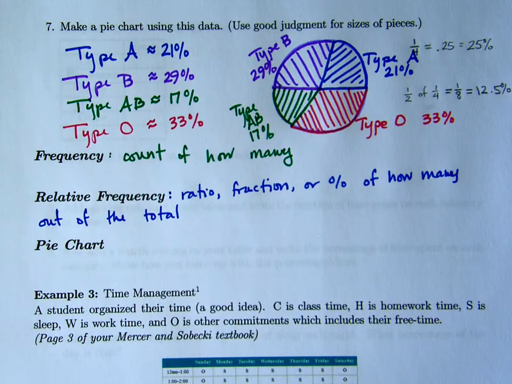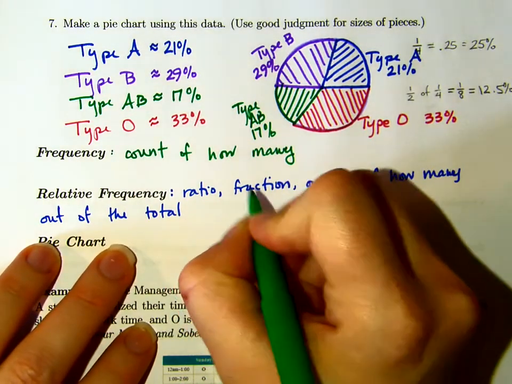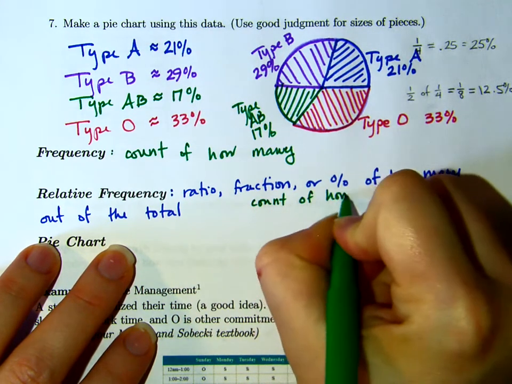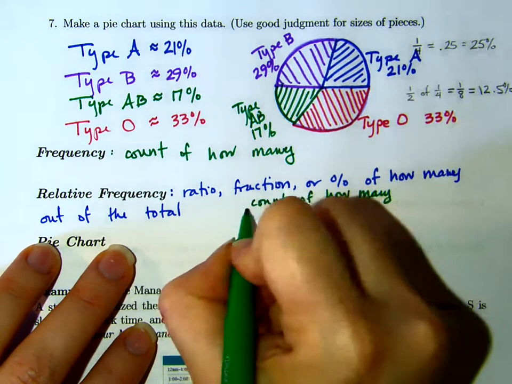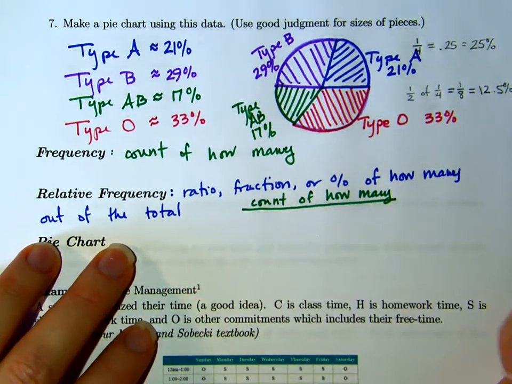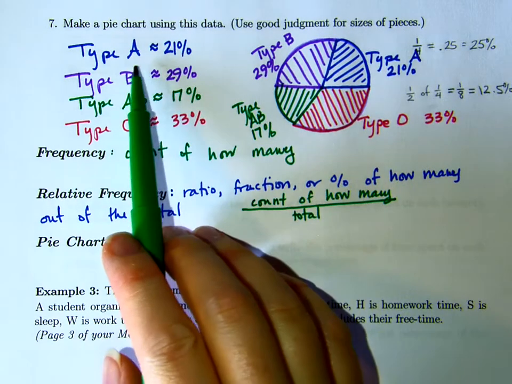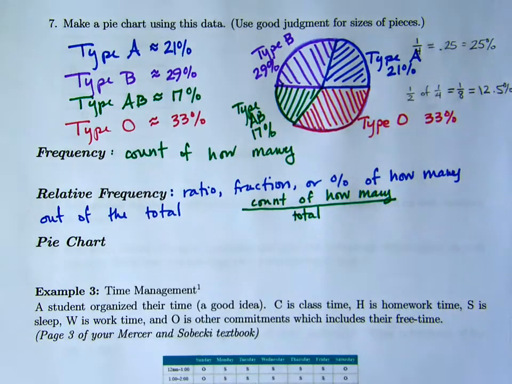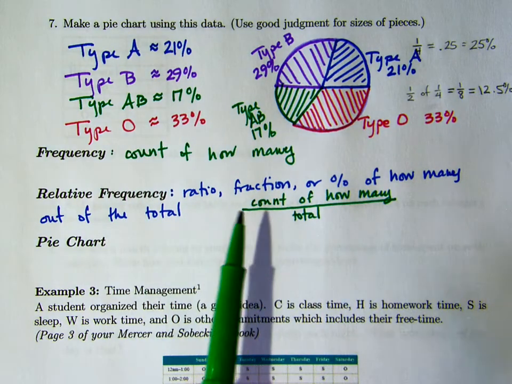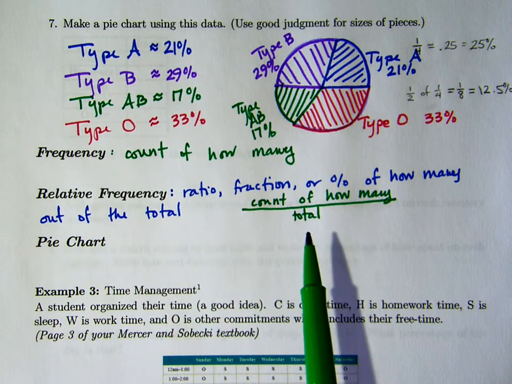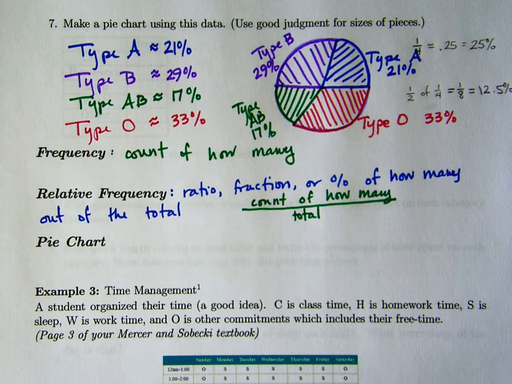Okay, so when I think about this as a ratio, fraction, or percent, I think this is actually the count of how many compared to the total. For example, this was 5 out of 24. So that would be a relative frequency. How many? 5. Well, relative to how many were actually inducted at this one particular moment, well, out of 24.